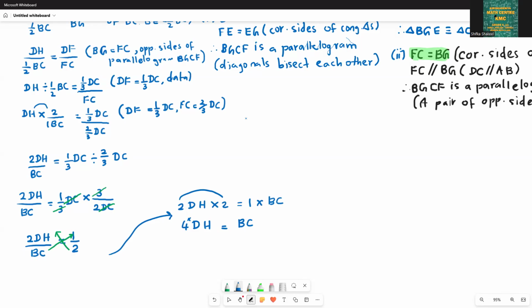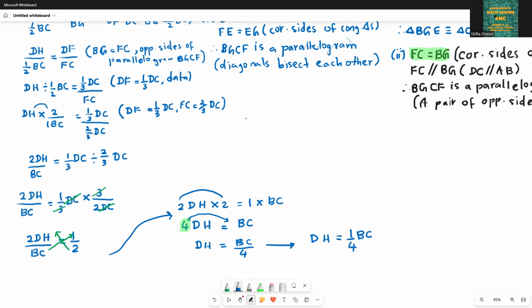The multiplication 4, taking to the other side, will change as division. So DH is equal to BC divided by 4. Therefore DH is equal to 1 over 4 BC. That's what we have to prove, 1 over 4 BC we got.